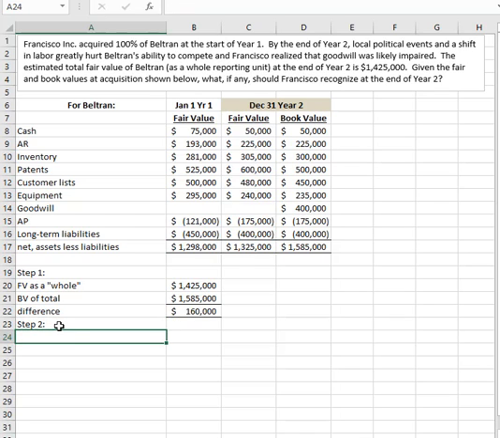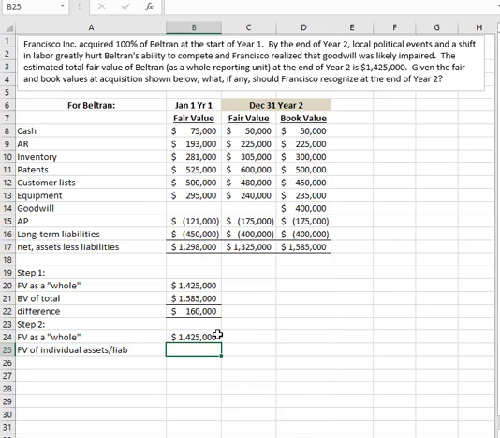And so now we're going to take the fair value as a whole, and we're going to compare that to, so we already know the fair value of the whole, the fair value of the individual assets. Okay, so that's all of these babies here.